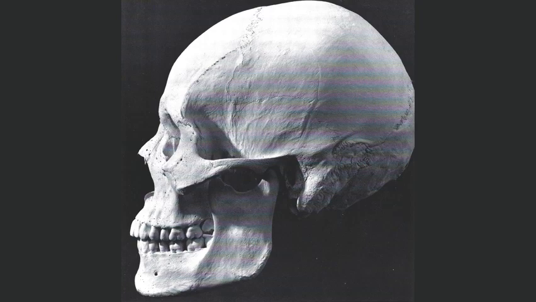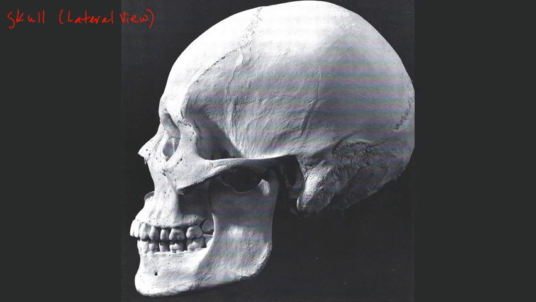Okay, so we are looking at a side profile or a lateral view of the skull. And we'll go through this and identify all the bones that we can see.